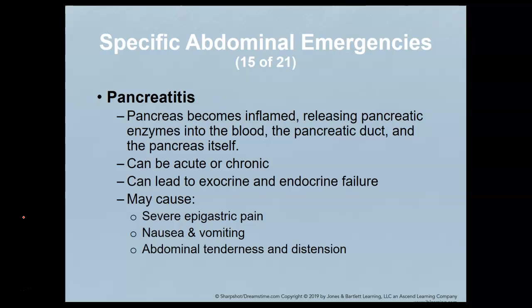Fluid challenges if we need to, if they're hemodynamically unstable. Most of the time, what we need to do, not pre-hospitally, but in the hospital, is what's called a gastric intubation and suction that area out, which we don't do. A lot of times we'll do a peritoneal lavage, and this patient's going to get huge amounts of antibiotics, and a lot of times they'll have to go in and have surgery done.